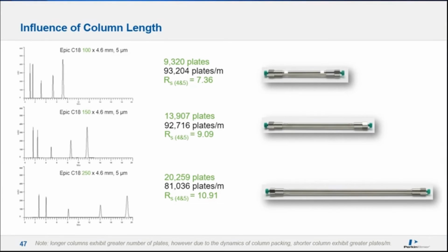We can see in the 100 millimeter column, the column pictured on the top, we get 9,300 plates on the final compound of the mixture. The resolution between peaks 4 and 5 is 7.3.